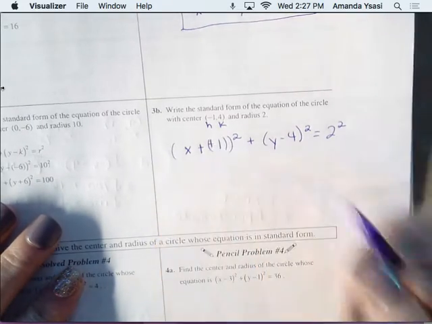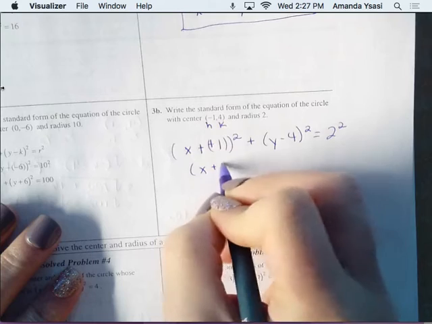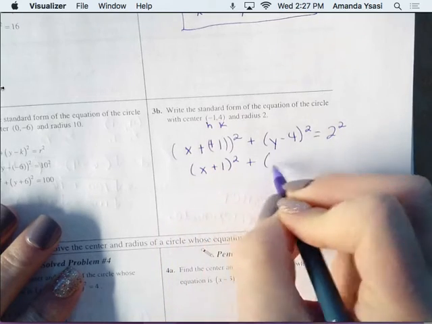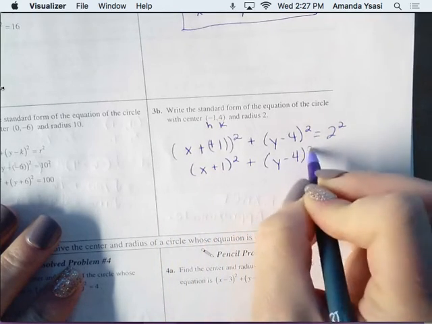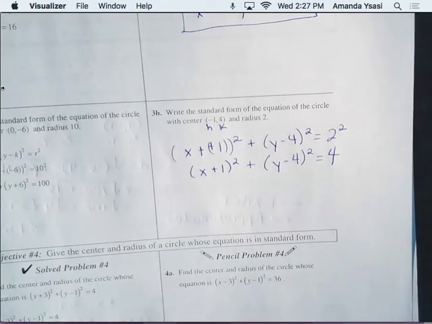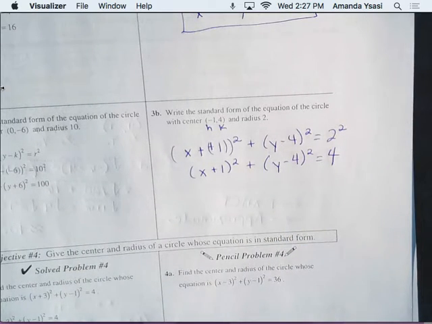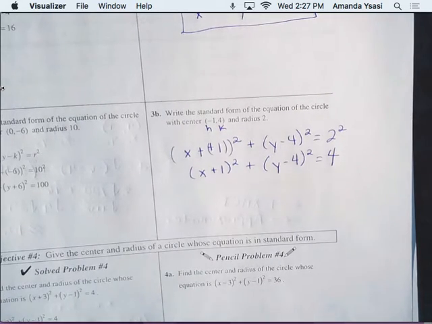This is going to become plus, so it's x plus 1 squared plus y minus 4 squared equals 4. And that is how we leave it. We don't have to do anything else. That's a simplified form, and it's also in standard form.